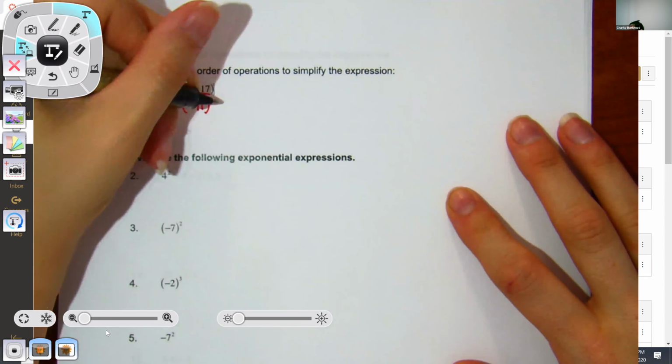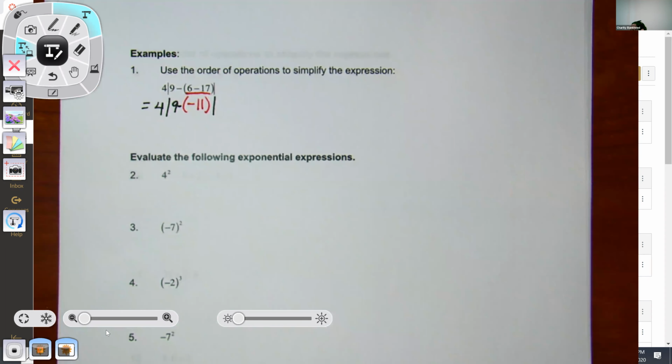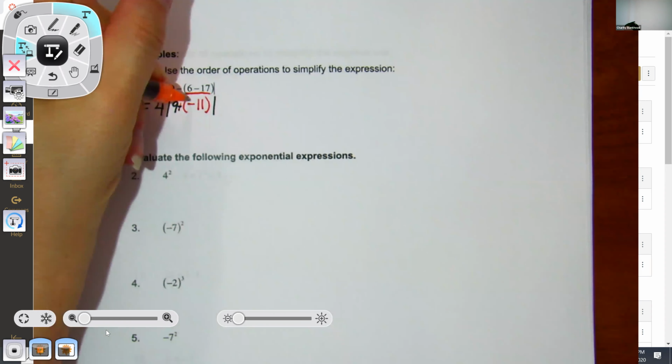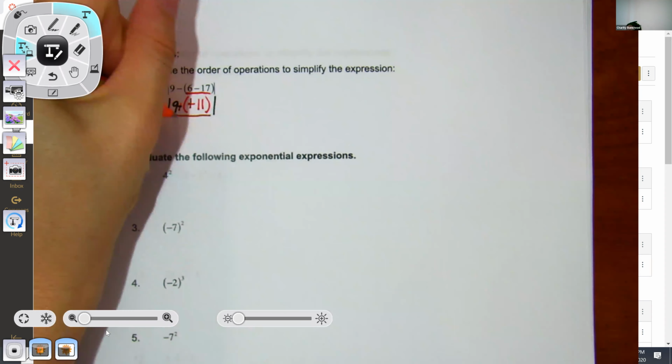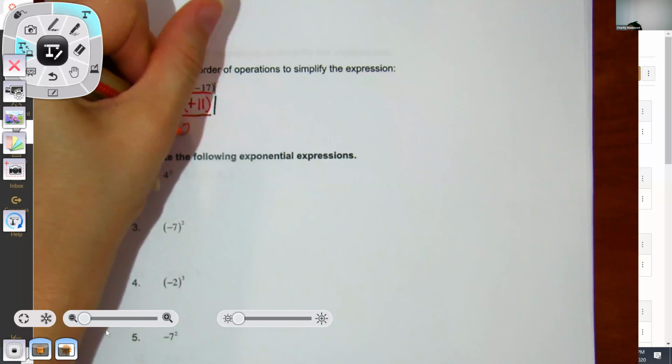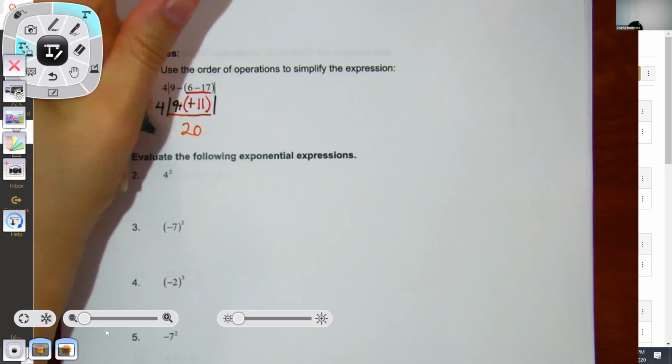So it's 4 times the absolute value of 9 minus negative 11. Whenever we see minus a negative, we automatically want to change that to a plus. So it's really the same thing as 9 plus 11, which equals 20. So it's 4 times the absolute value of 20.